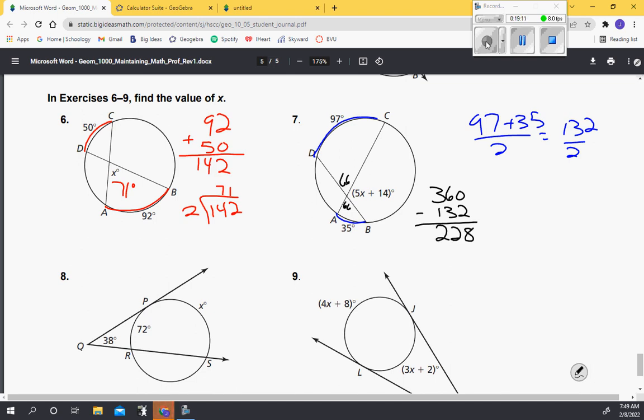So my 2 remaining angles, 5x plus 14, and this angle right here, have to be equal to 228 when they add together. If I divide 228 by 2, I know that 5x plus 14 has to be 114. And if I solve for x, I'm going to subtract 14 right away to get 100, and divide by 5, I'm going to get 20.